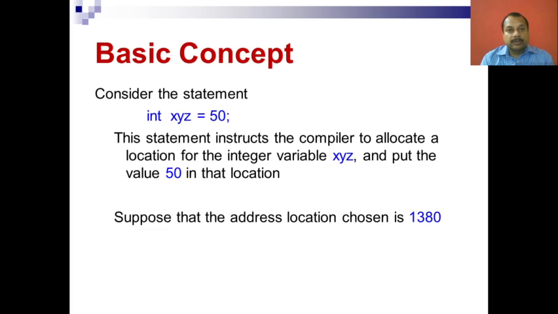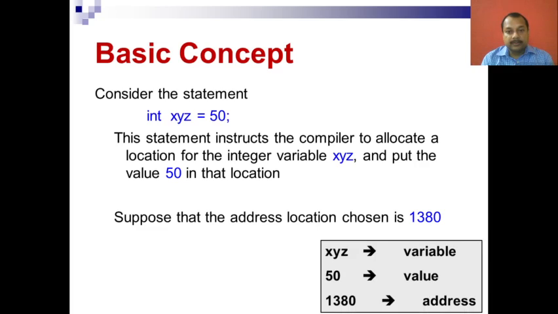Okay. But I believe that you are able to discriminate that, and although we will use some value like 1380 as memory address, you understand that this is an assumption, without any loss of generality to the topic. Okay.